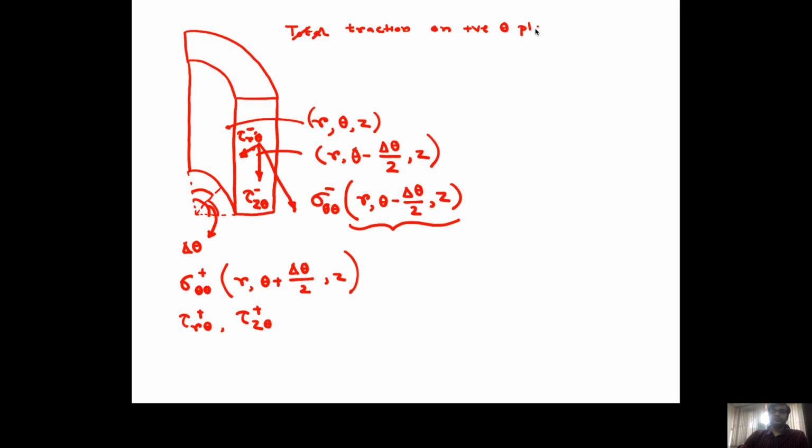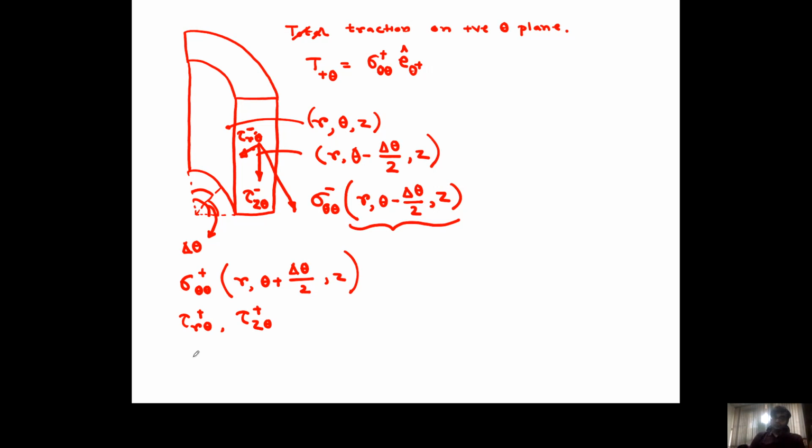So what will be the traction on positive theta plane? I will call it T of plus theta, and that will be equal to sigma theta theta plus E theta, and this will also be E theta hat plus.